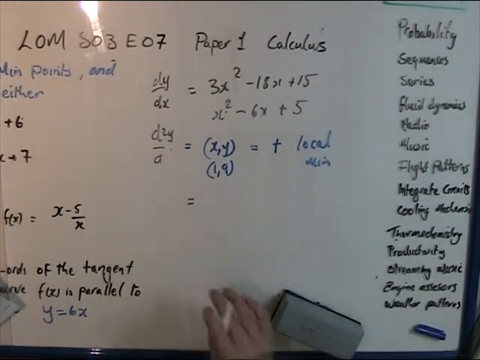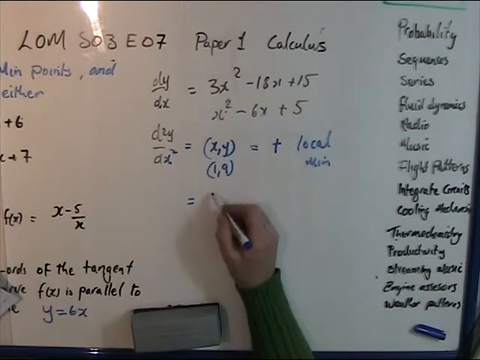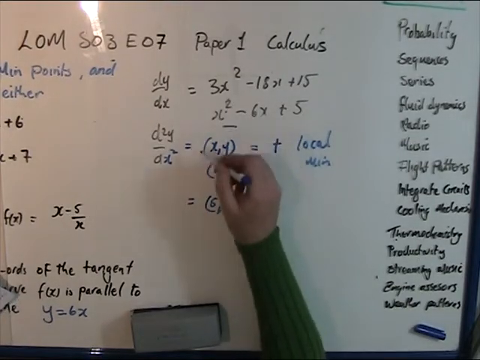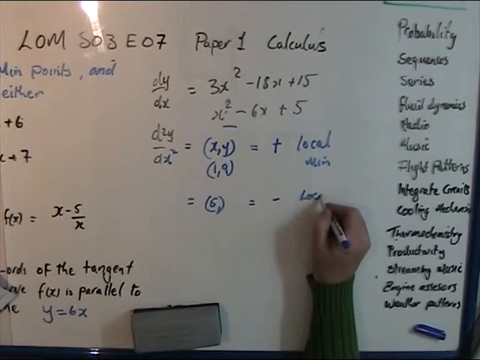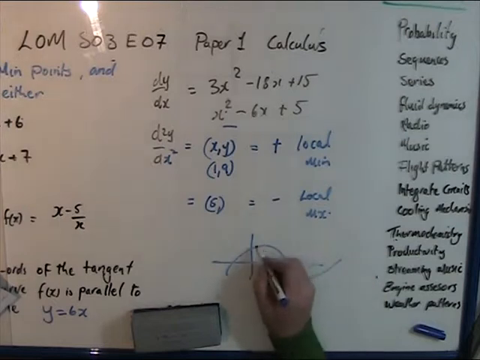If it becomes negative when you put your values into d2y/dx2, for the last point (5, -23), if we put in 5 for x into the second derivative and I get a minus, that's a local maximum point. In other words, it's up there.